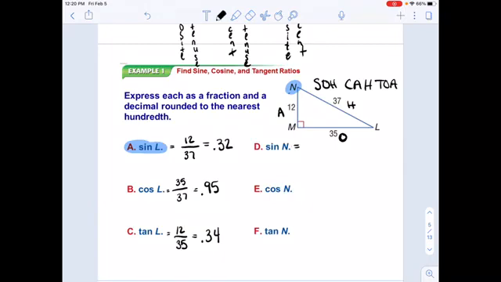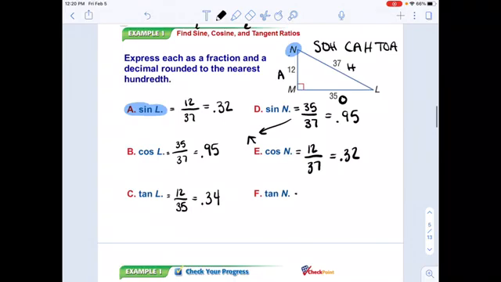So the sine of N is equal to opposite over hypotenuse, which is actually going to be the same decimal as cosine of L, 0.95. The cosine of N is adjacent over hypotenuse, which is the same as sine of L in decimal form.